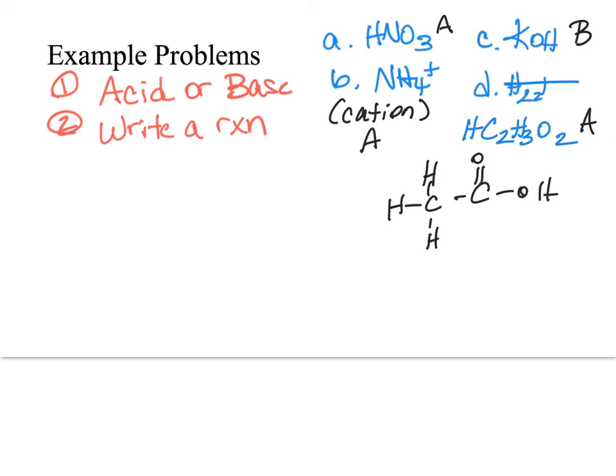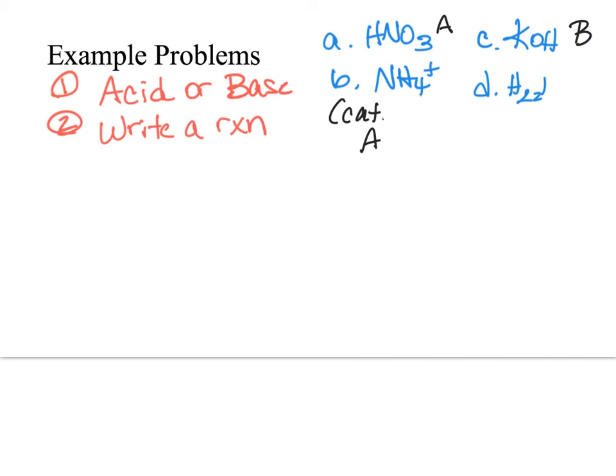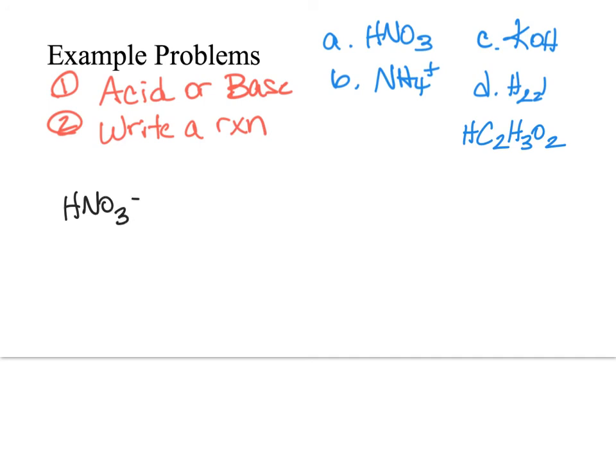Okay, so let's write our reactions. Okay, and I'll rewrite HC2H3O2. So our first one, HNO3, will react to produce hydronium (aq) plus nitrate.